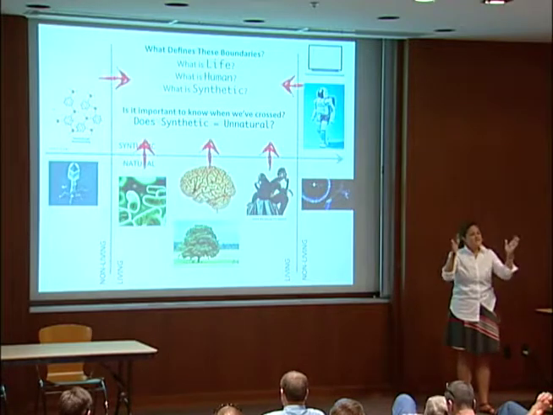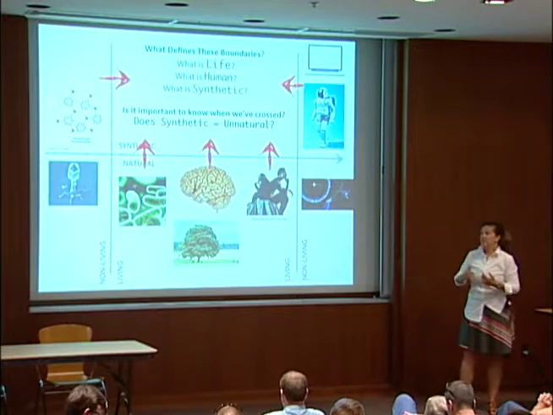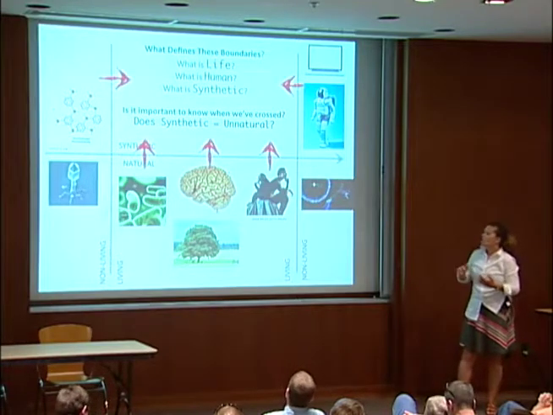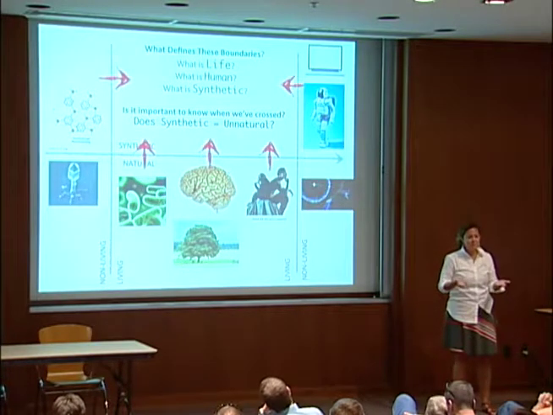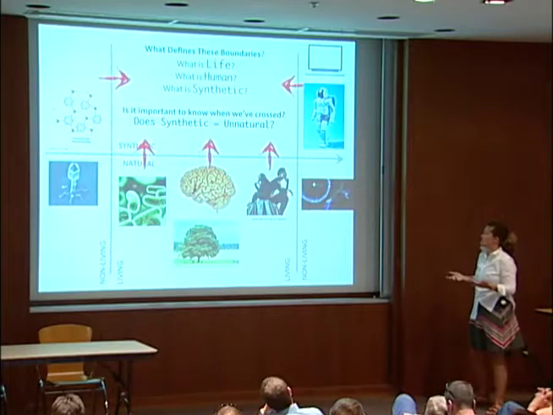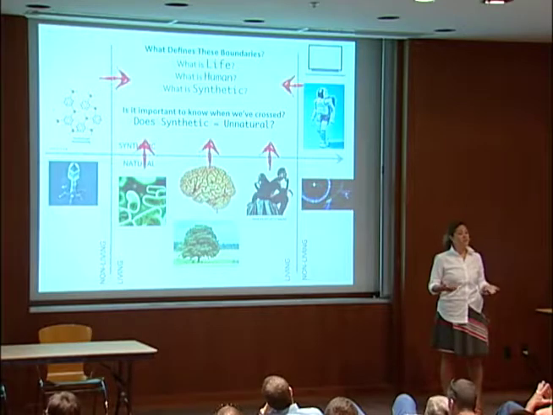This is why the framework that I constructed for you really helps me, because I can look at this and say, what defines these boundaries? Is it important for us to know and to think about when we cross these? Does that mean something? You quickly get to questions about what is life?